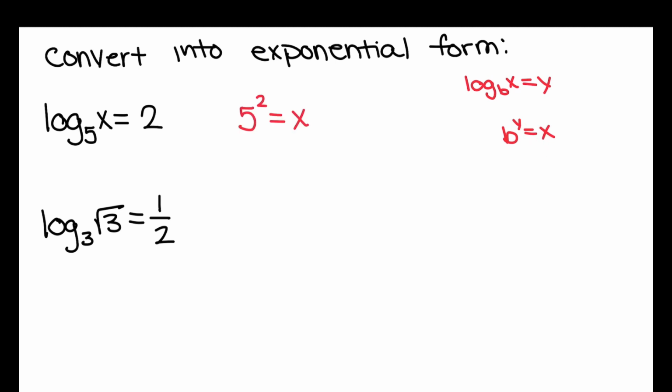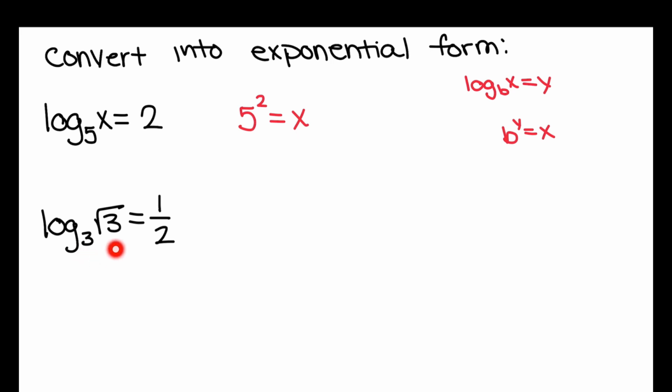So in exponential form, the base is 5. The logarithm equals the exponent. So 5 to the 2 equals x. In exponential form, this turns into 5 squared equals x.